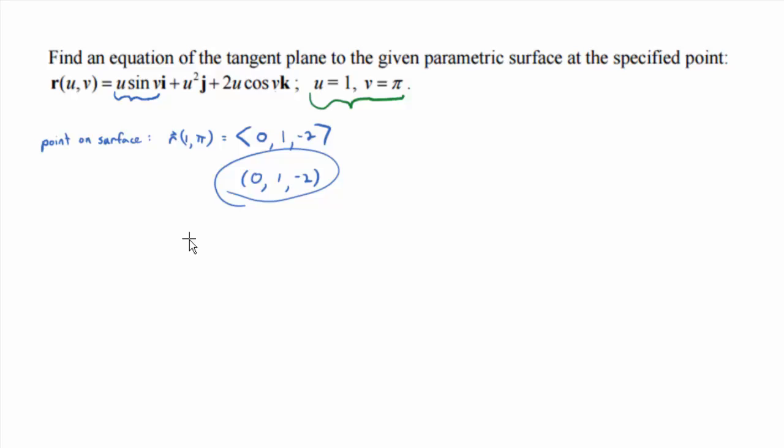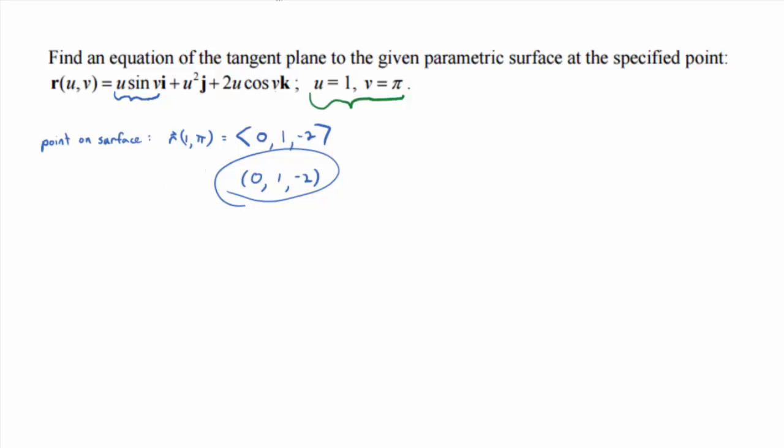To get the normal vector, you take RU cross it with RV, right? Because both RU and RV, the derivative of R with respect to U and the derivative of R with respect to V, are vectors that will lie in the tangent plane if you put, say, their initial point at 0, 1, -2. So if you cross them, you'll come up with a normal vector to the tangent plane. That's the idea in this one. That's the connection you had to make to do this one successfully.